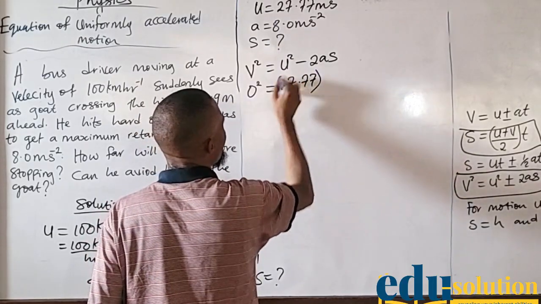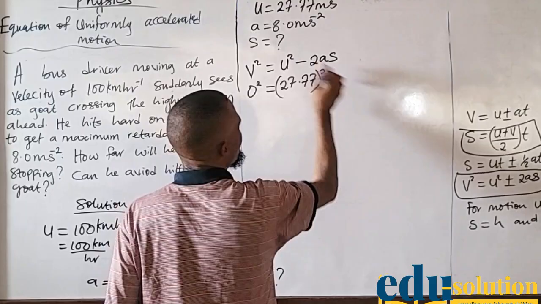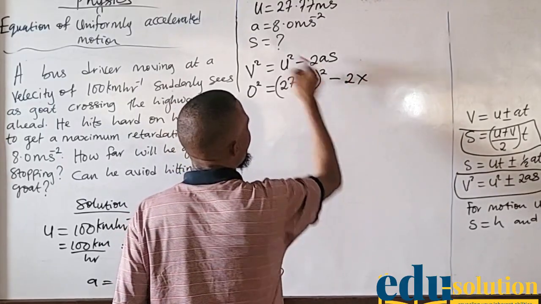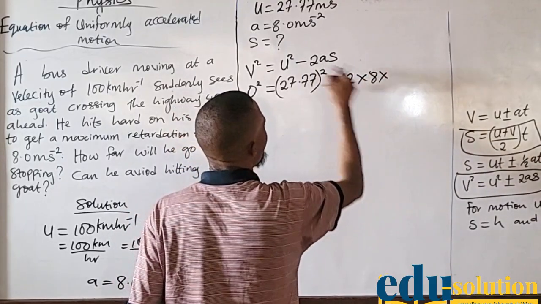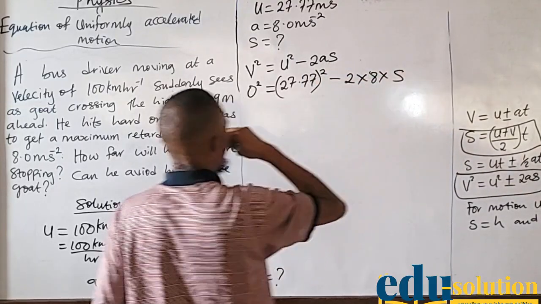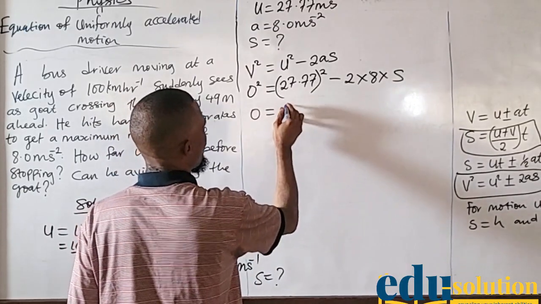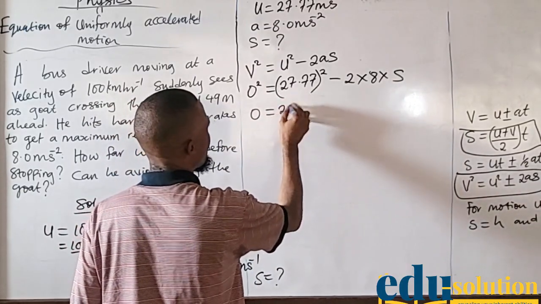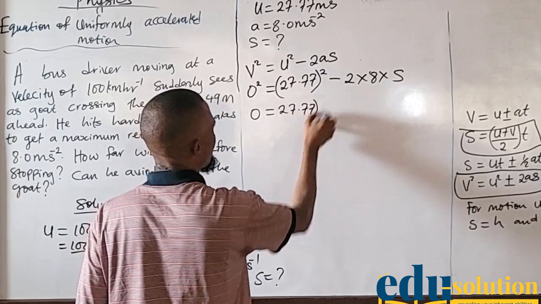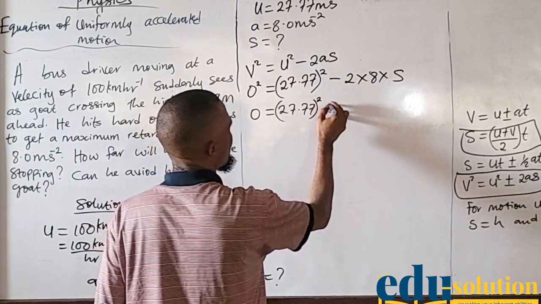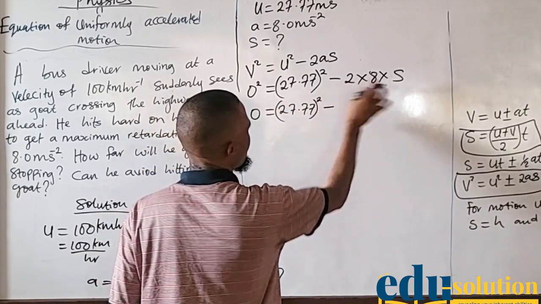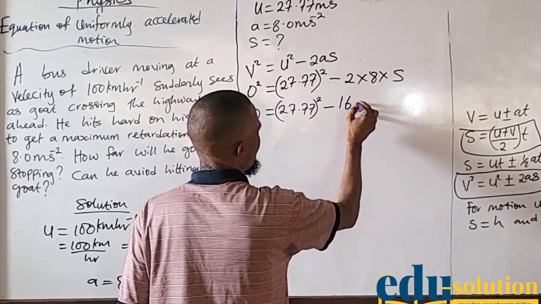We have to square it, and then minus 2 times our a, which is 8, times our x, which is what we are looking for. So we have 0 is equal to 27.77 squared, minus 2 times 8, which is 16, and then we have x.